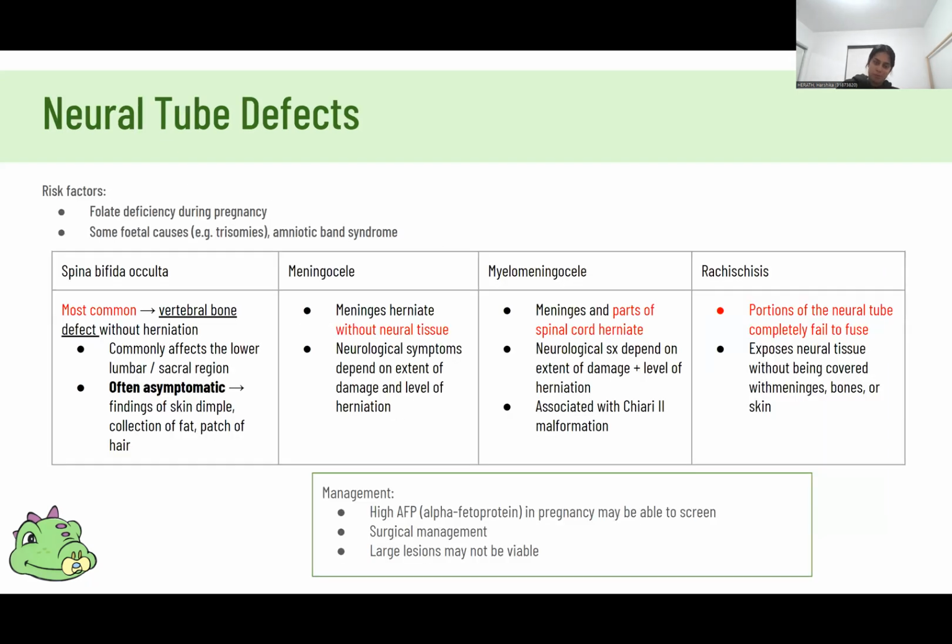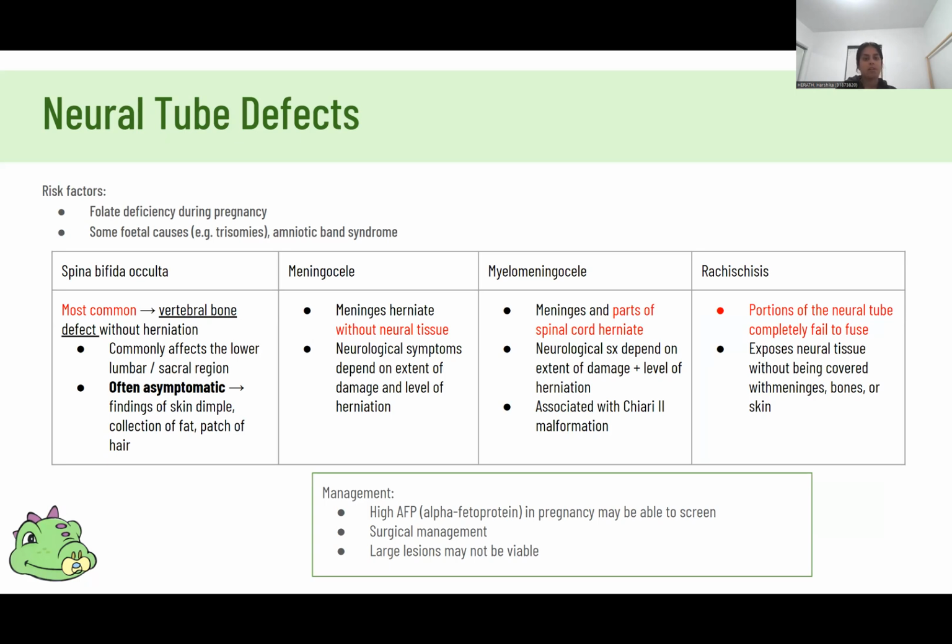And then neural tube defects. There are a variety of severities in terms of neural tube defects, but they all occur due to folate deficiency during pregnancy, or they can be inherent fetal causes that are not related to the availability of folate.